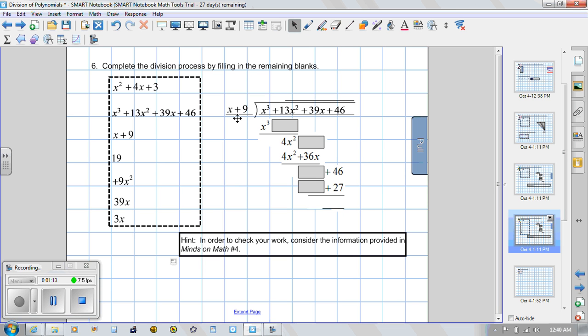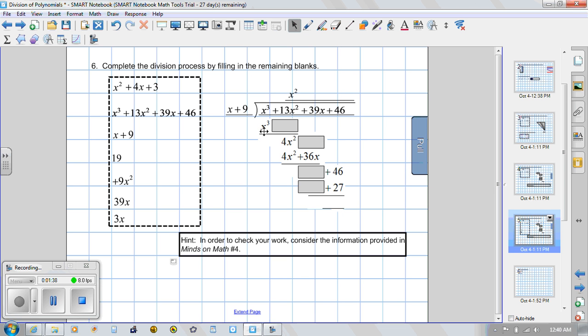And the answer to that would be to multiply the value of x by x squared. And the result of that, as you can see, would be x cubed.